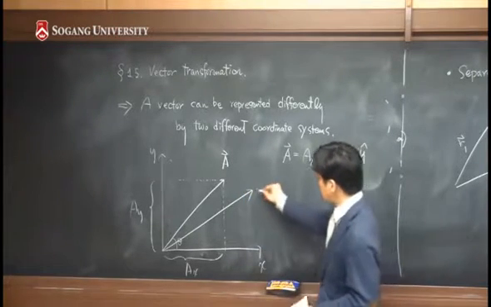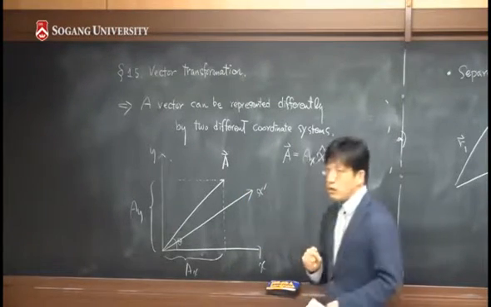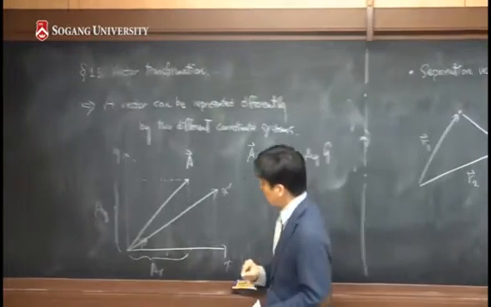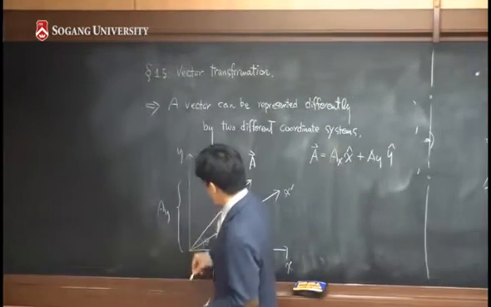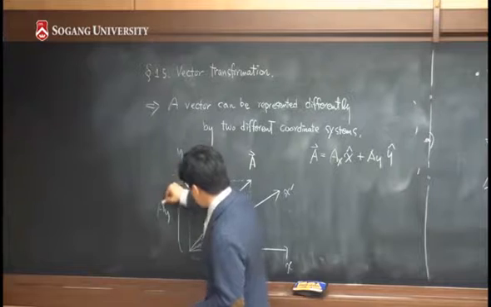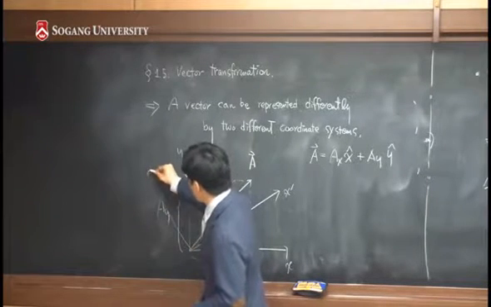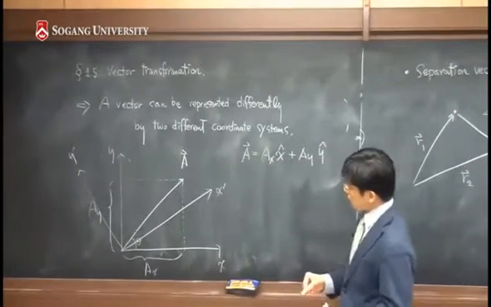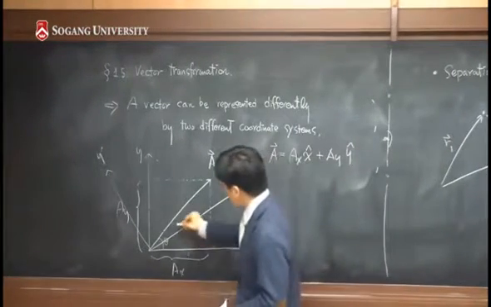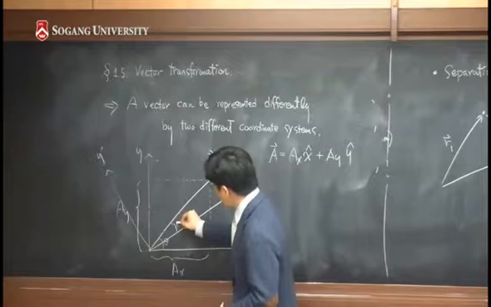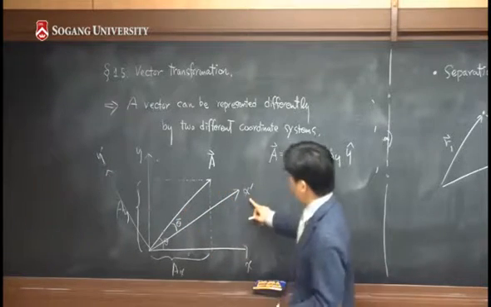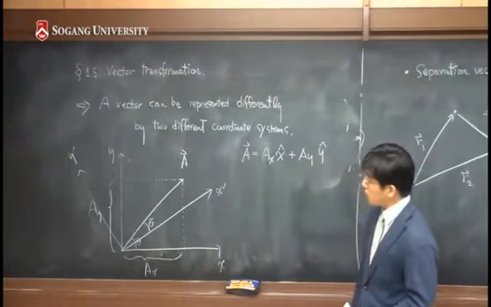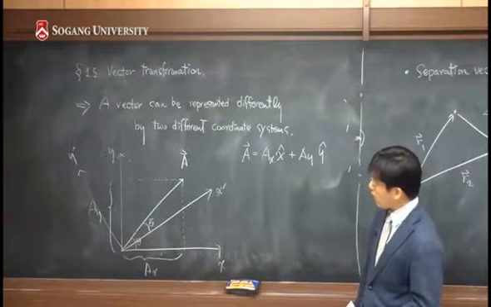This is the x prime direction, whose orthogonal component is y prime, like this. Let's say the angle between a and the x prime axis is theta bar.